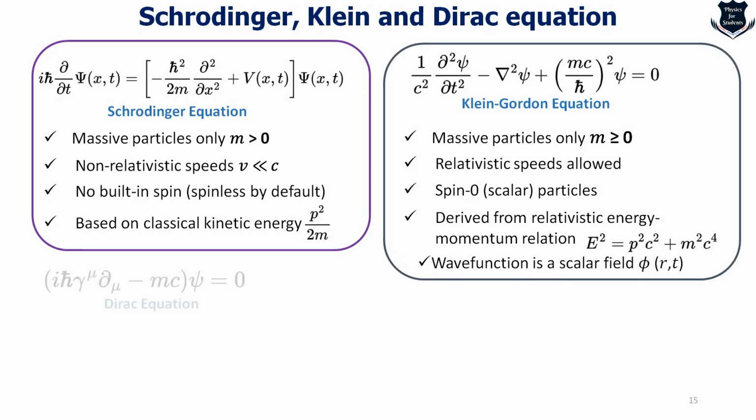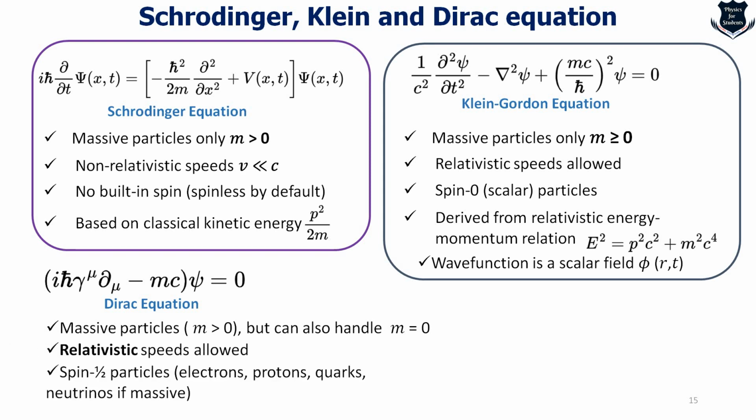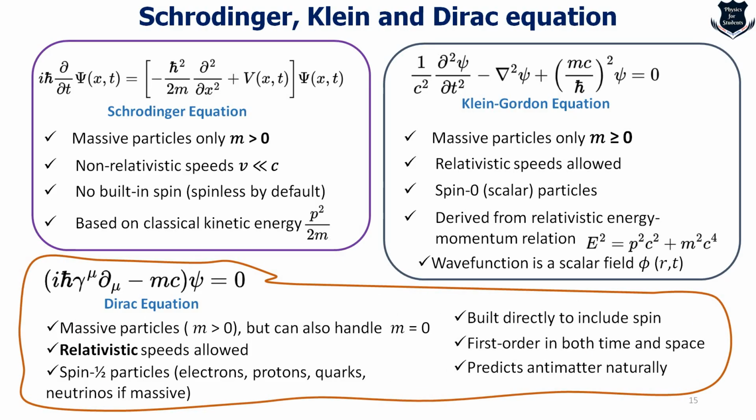And now comes the master stroke of the Dirac equation, where it can handle both m greater than 0 and m equal to 0. It has relativistic speed, and it deals with spin half particles. The spin is directly included, it is first order in both time and space, and most importantly, it predicts antimatter very naturally.